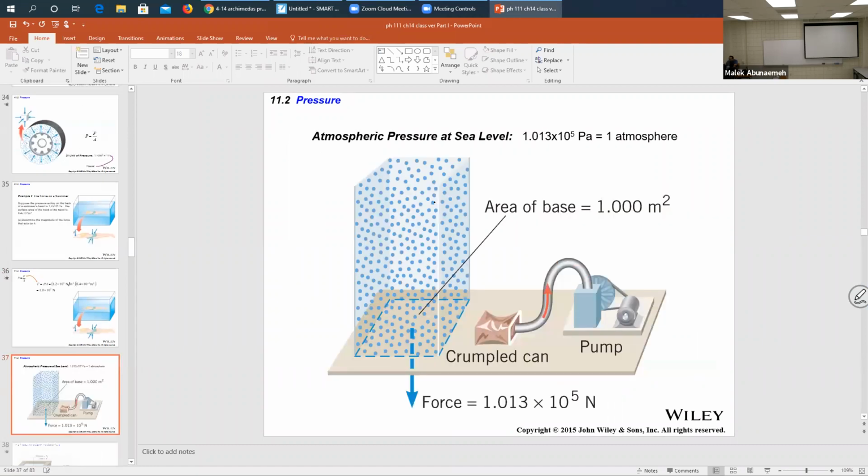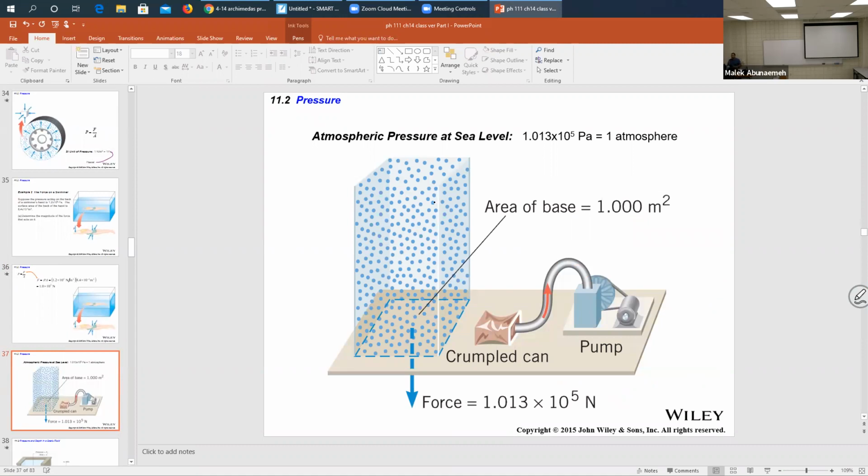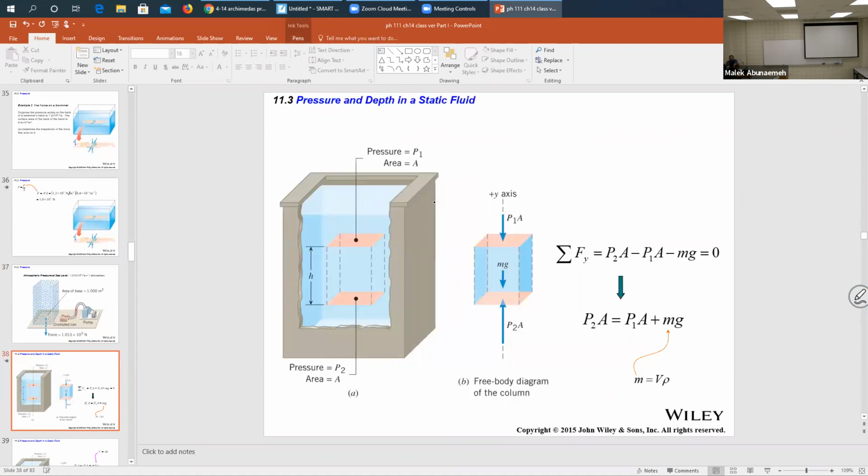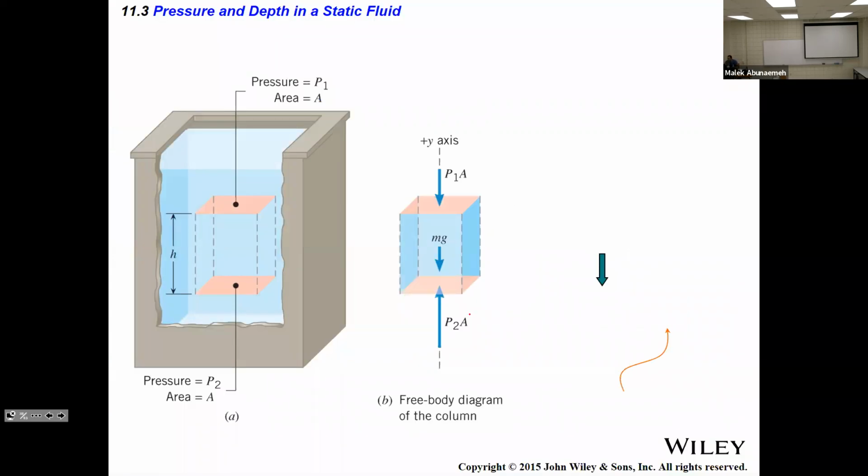Now, again, the atmospheric pressure at sea level is 1.01 times 10 to the fifth power pascals, which we already defined. So again, when you're looking at an object immersed in a liquid, consider the net force in the y direction. This is your point 1, that's your point 2.